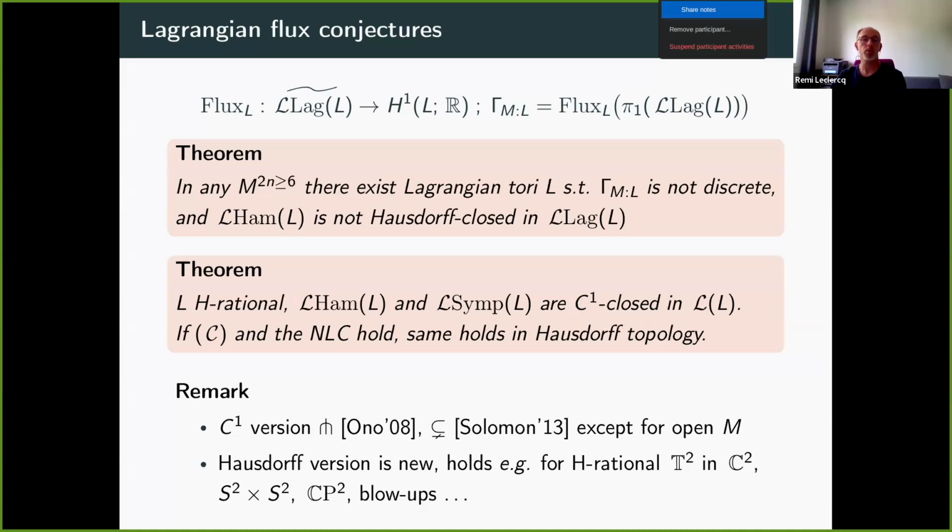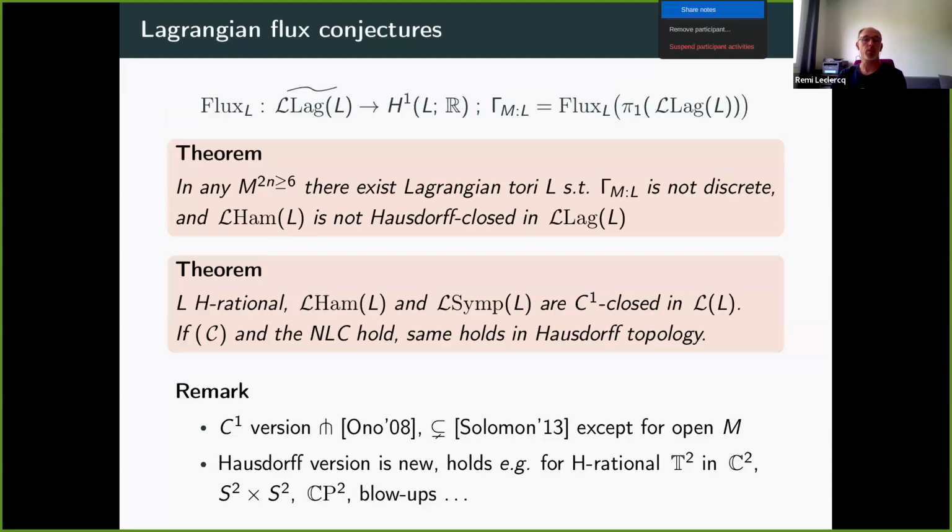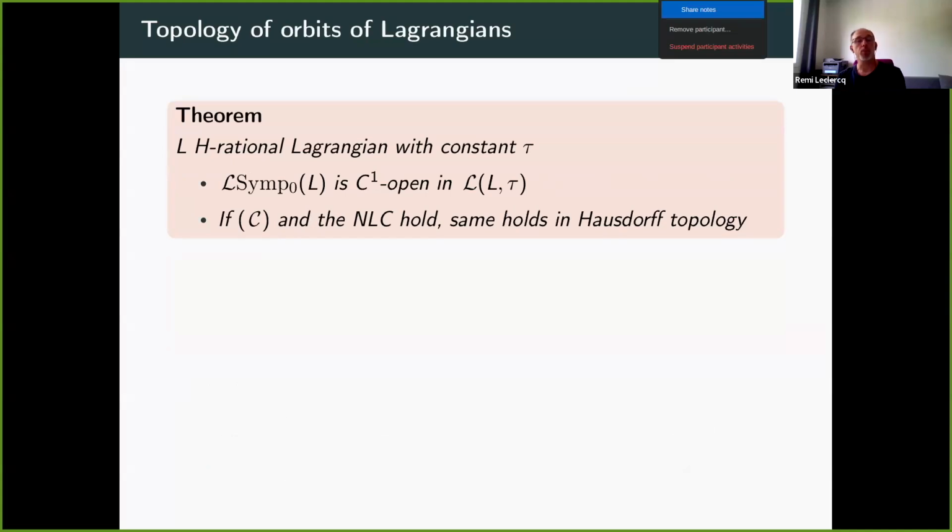So more on the topology of this type of sets, we wondered about closedness. What about openness? Actually, we can prove this. If L is H rational with constant tau, then the symplectic orbit is C1 open in the set of Lagrangians which are of diffeomorphism type L and the same tau H rationality constant.